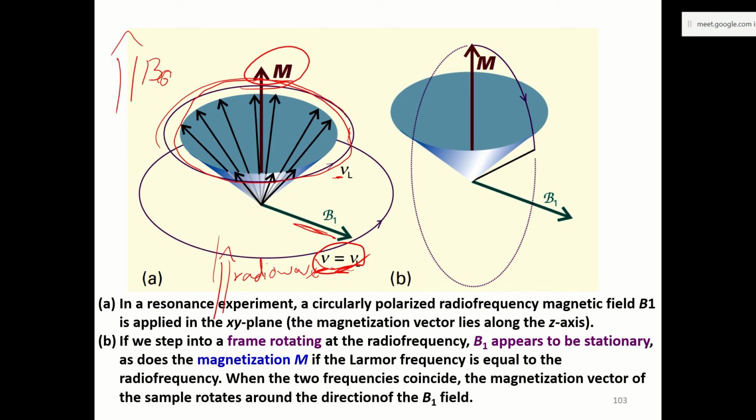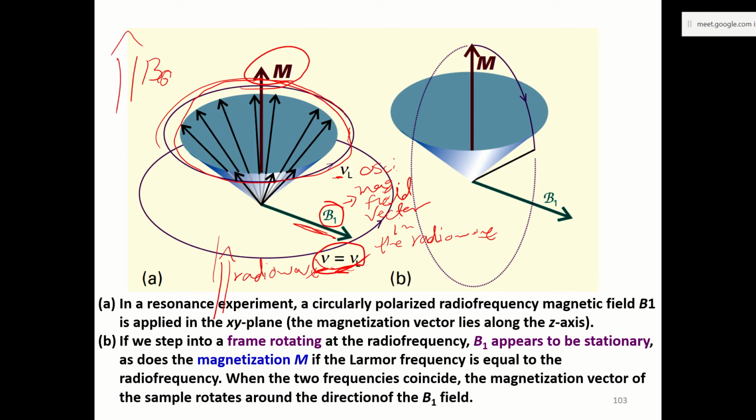And this b1 that we are writing is the oscillating magnetic field vector in the radio wave. So this is what we are picturing right now. And I also told you that this is what we view from outside.